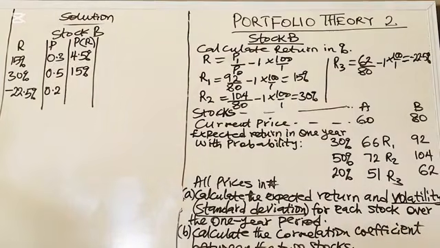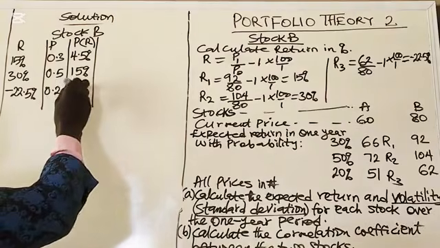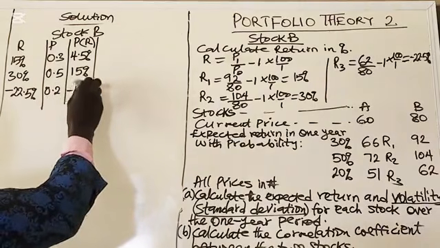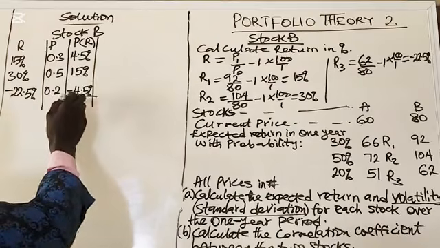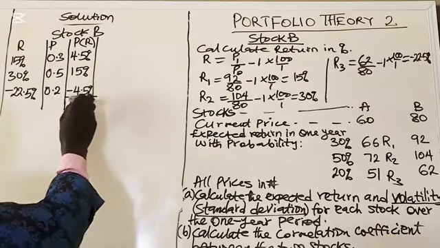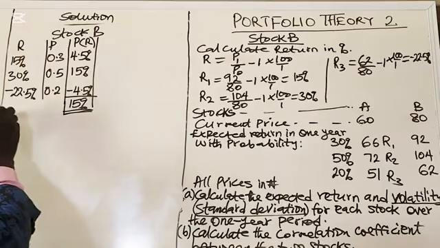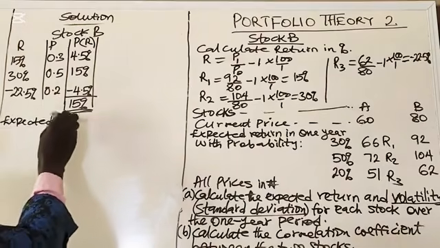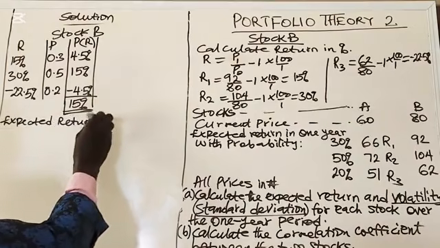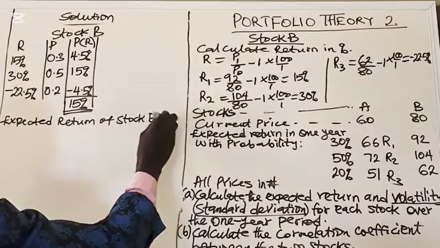Minus 22.5 times 0.2 gives us minus 4.5%. So the expected return, if you sum these up, gives us 15%. So for stock B, we have the expected return to be 15%.